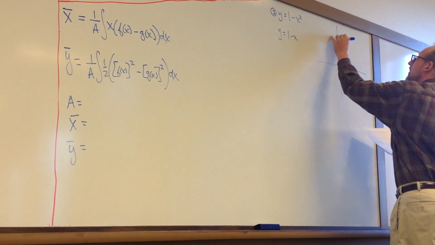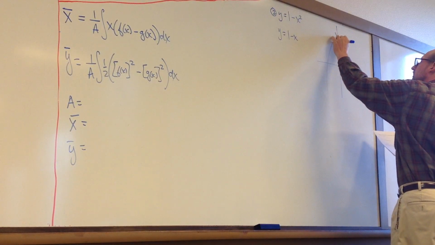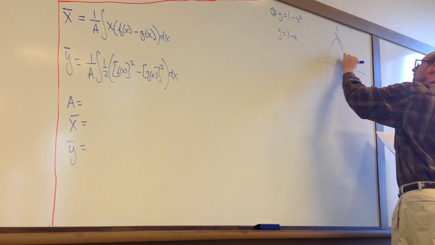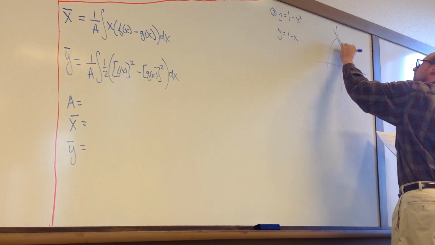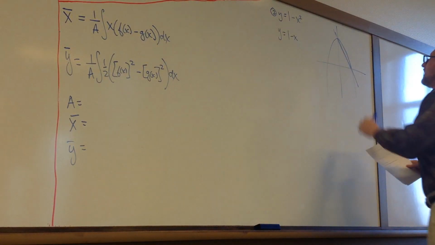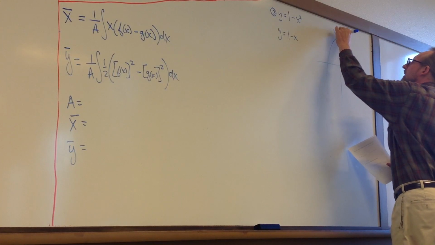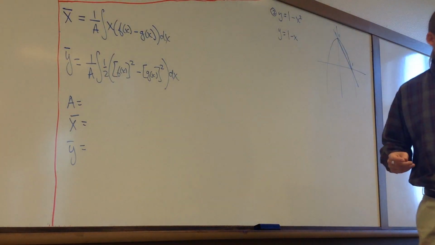And again, you can graph these on the graphing calculator. What you're going to see is something like that. Okay, this is kind of a sliver piece. And these are both intersecting there at positive 1, and then that point right there is 0.